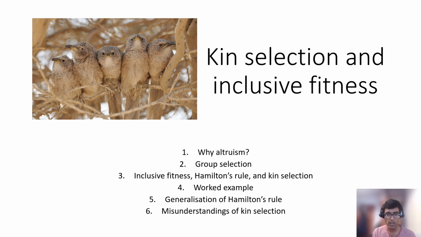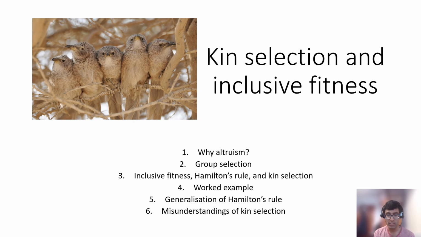So we're going to go through 6 things in this lecture. Firstly, why do we see altruism? Second, a brief mention about group selection. Third, the real detail of inclusive fitness, in particular the formalization that is Hamilton's rule and kin selection in general.